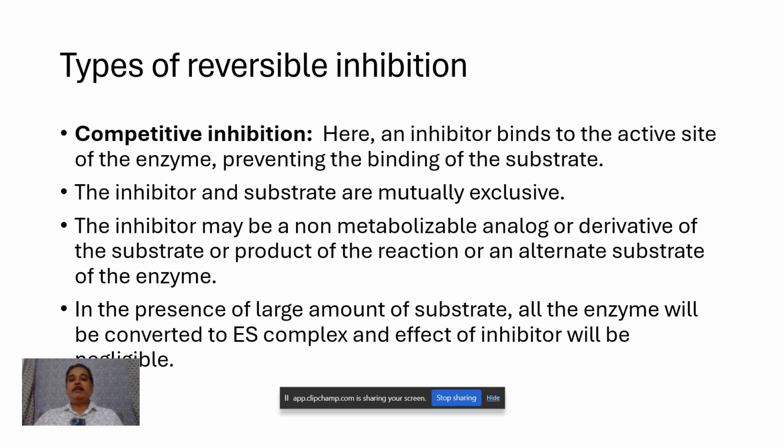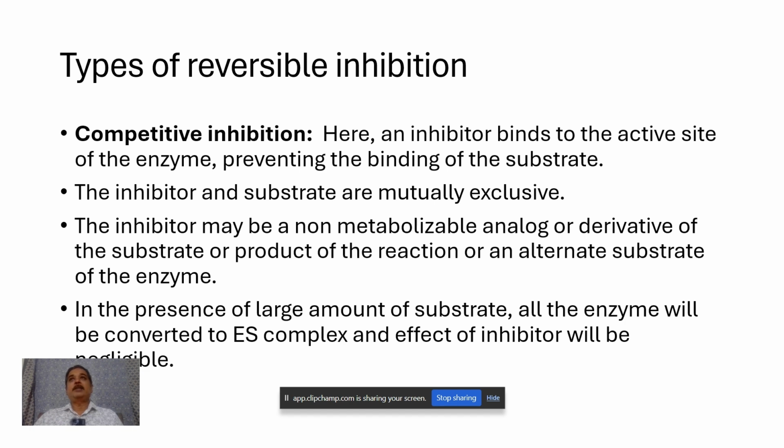And the inhibitor may be a non-metabolizable analog. So it is a substance which binds to the enzyme, but which cannot be metabolized or converted to product by the enzyme, or a derivative of the substrate. It may look similar to the substrate and will bind to the enzyme, but it cannot get converted to product.